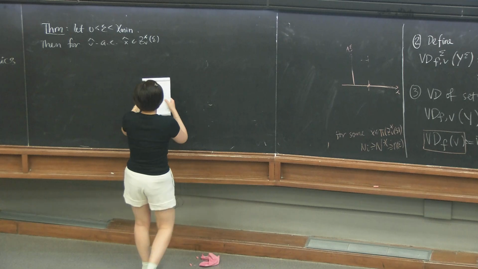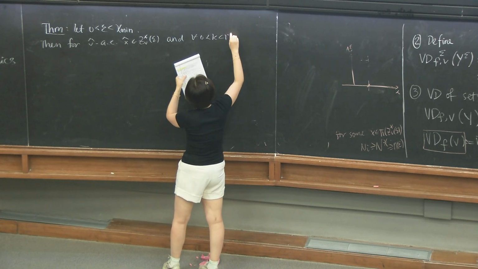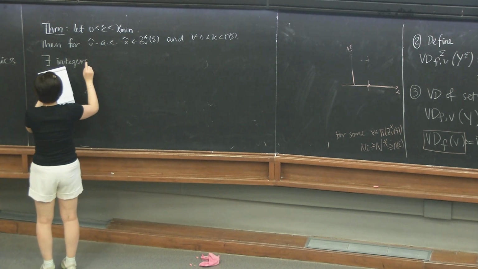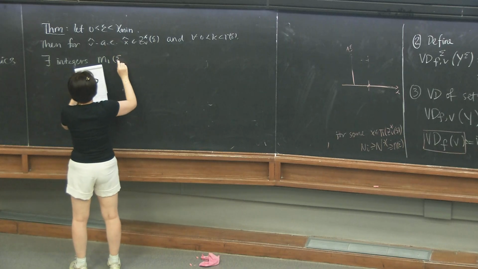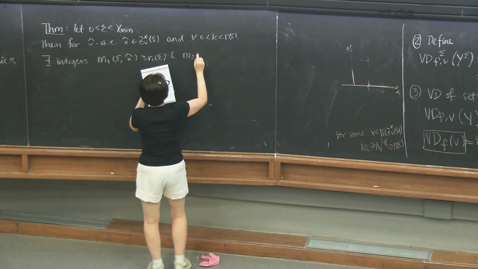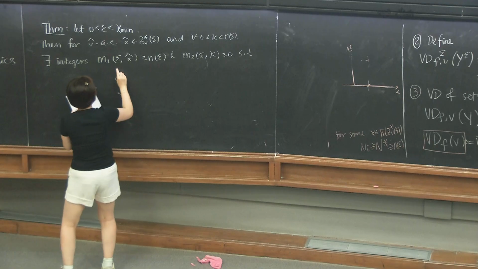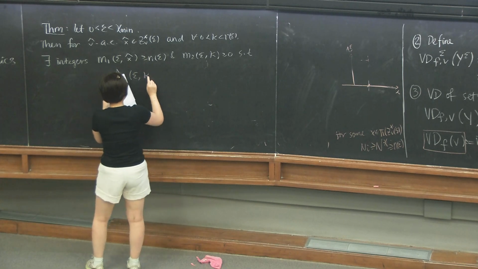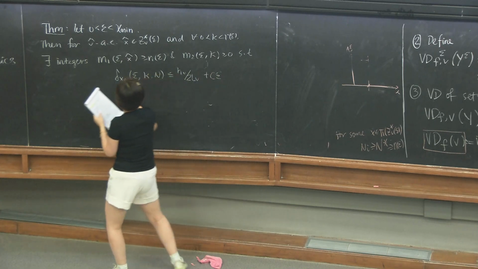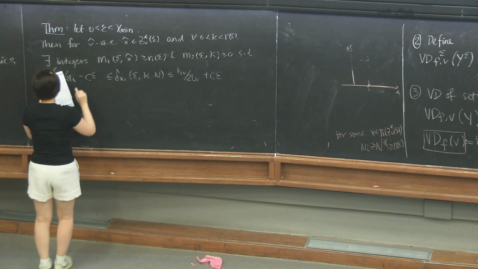For every kappa between 0 and r epsilon, there exist integers that are going to be the bounds for n: M1, depending on epsilon and x hat, bigger than n epsilon, and M2, depending on epsilon and kappa, greater than or equal to 0, such that delta at x0 of epsilon, kappa, n is smaller than or equal to this number you want, plus some error, and greater than or equal to this number, minus some error.